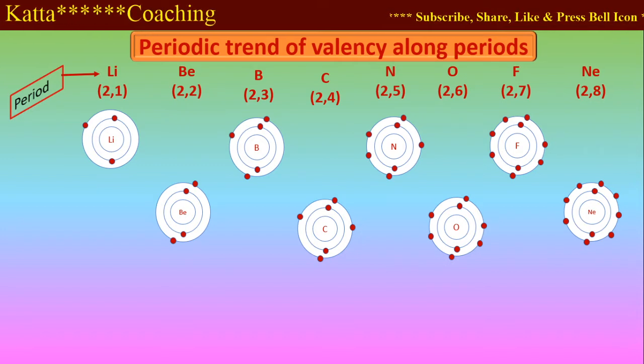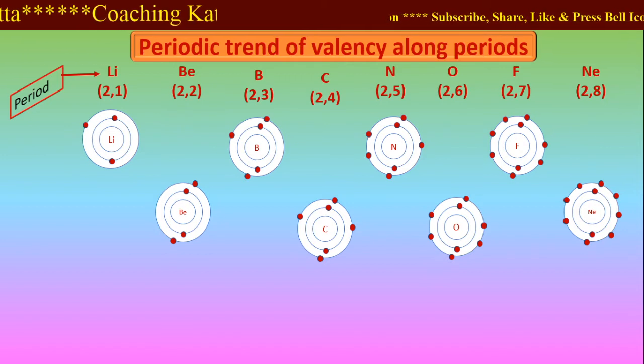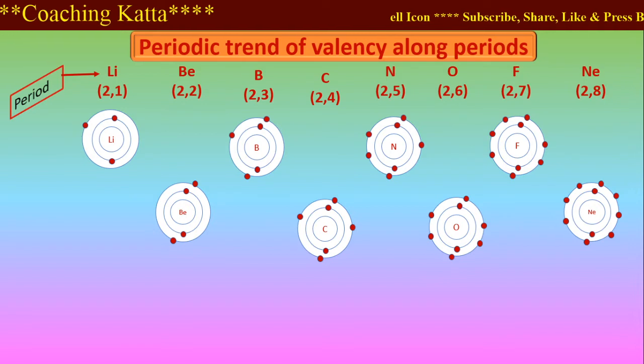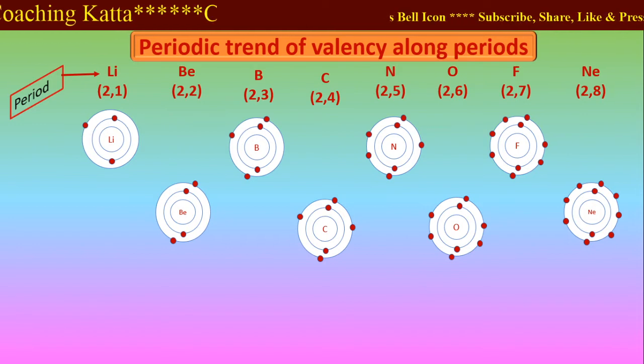Carbon accepts or donates 4 electrons to get stability. Therefore, its valency is equal to 4. For nitrogen, it is easy to accept 3 electrons to complete the octet instead of donating 5 electrons. Therefore, its valency is 3. Neon has a completely filled outermost orbital.